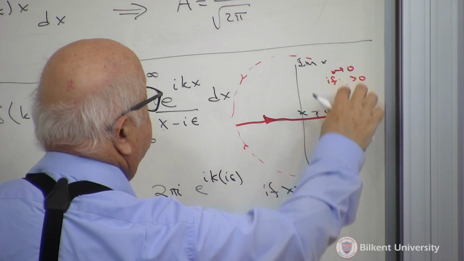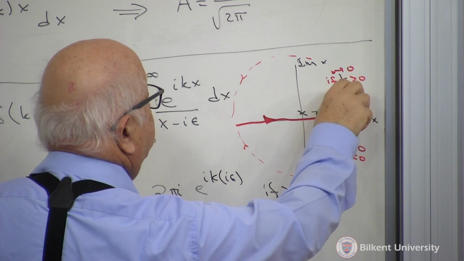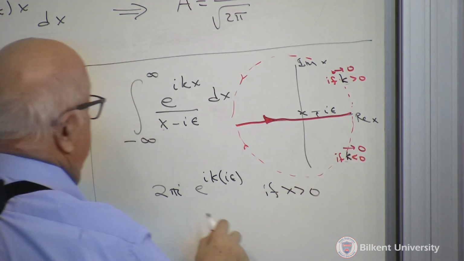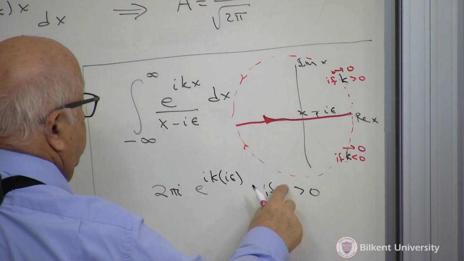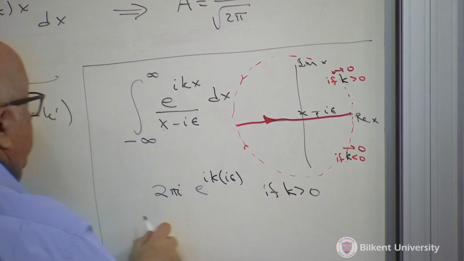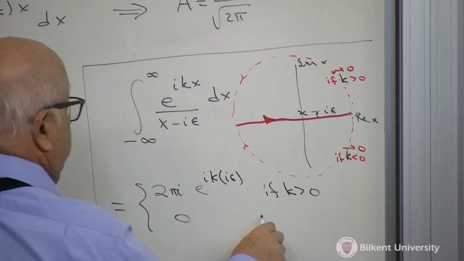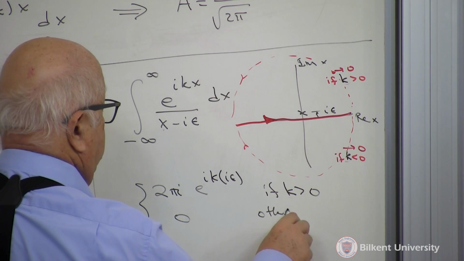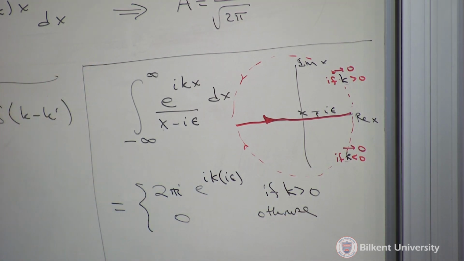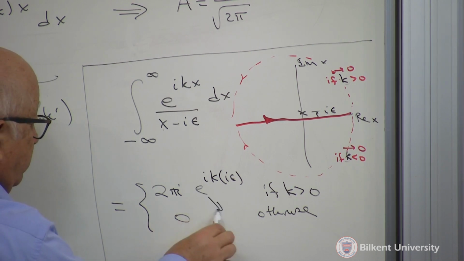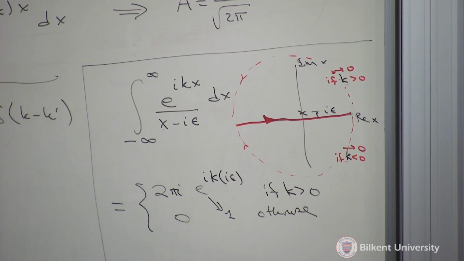I'm sorry, it's also true here, if k is greater than 0, and 0 otherwise. As epsilon goes to 0, this thing goes to 1, so you end up with 2 pi i.